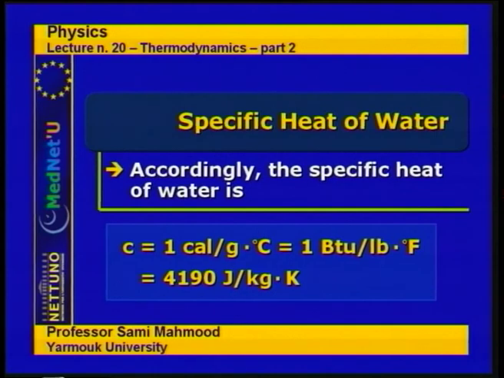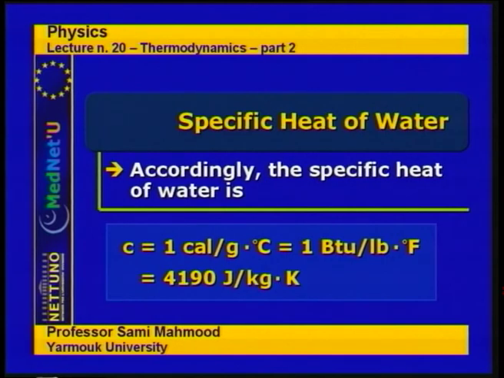Now, if we adopt the international system, the unit of heat, the unit of temperature and the unit of mass in the international system, the unit of heat is the joule, which is, as we mentioned previously, simply 4.186 joule per calorie.